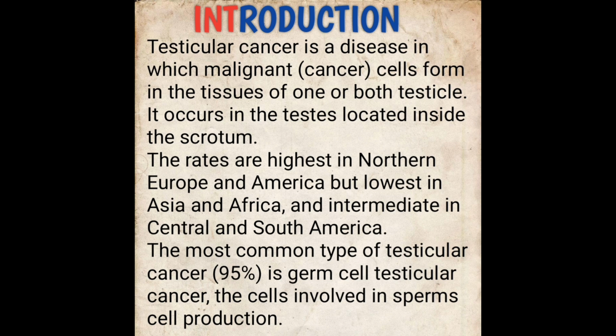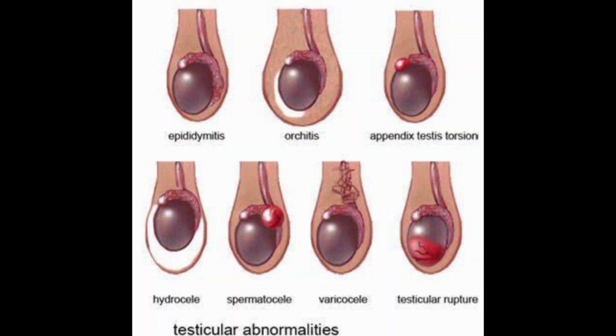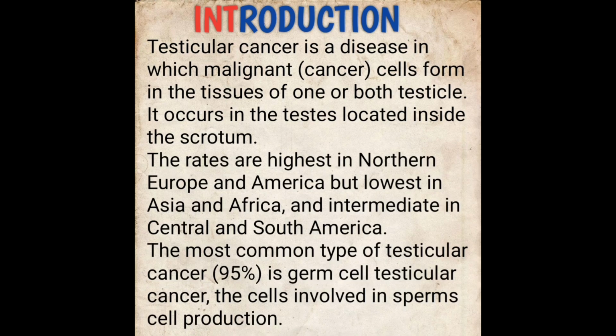It occurs in the testes located inside the scrotum. The rates are highest in northern Europe and America, but lowest in Asia and Africa, and intermediate in Central and South America. This is one of the lucky situations where Africa is exempted or partially exempted.